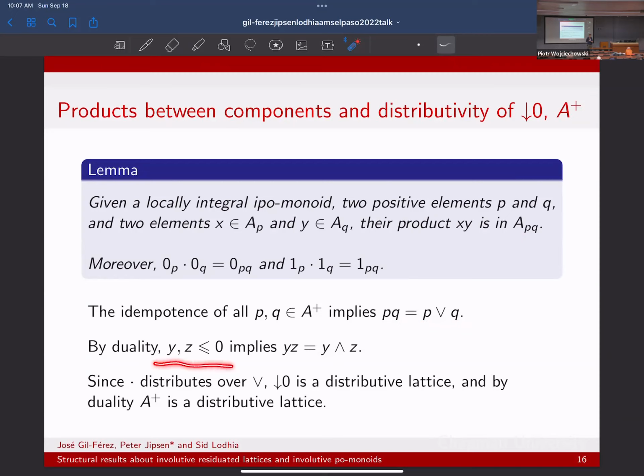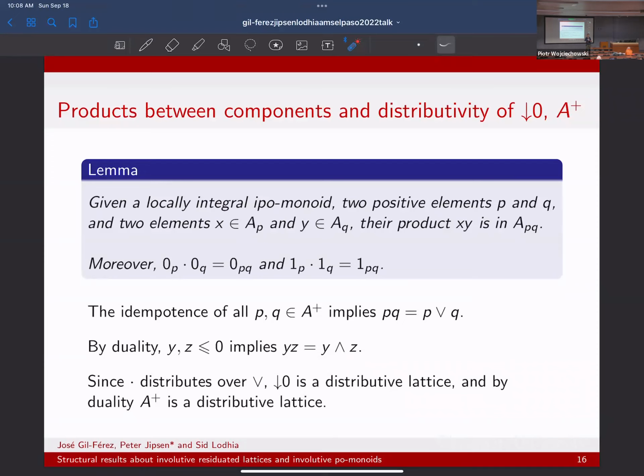So by duality, YZ below 0 will imply that the product below 0 is the meet, because the involution, the minus operation, is a De Morgan operation on the lattice. So it turns joins into meets and produces this surprising result that if you start with the IPO monoid, the join semilattice is flipped and reflected as a meet semilattice in the bottom.